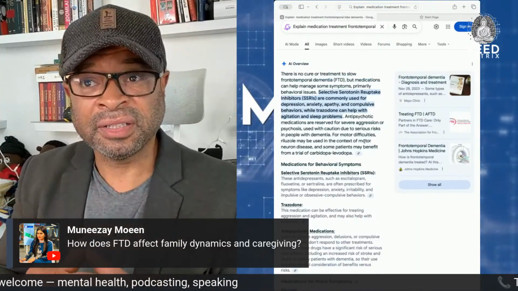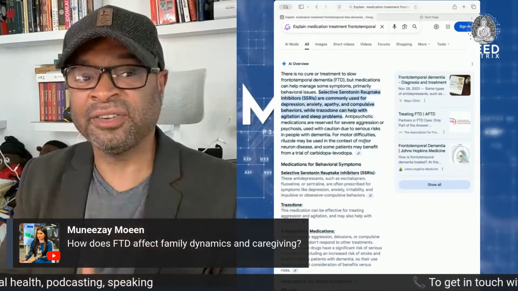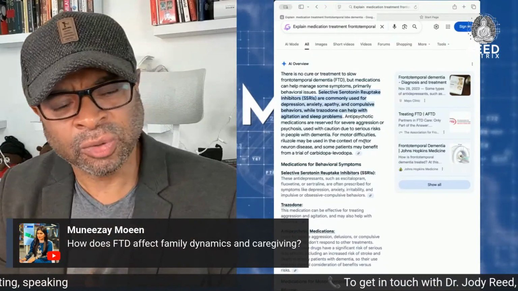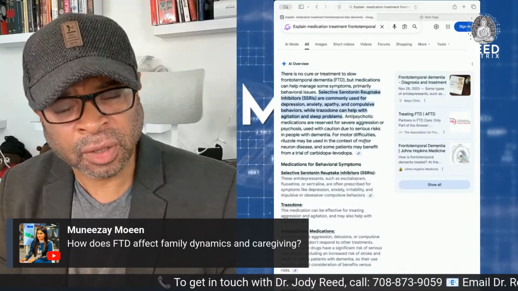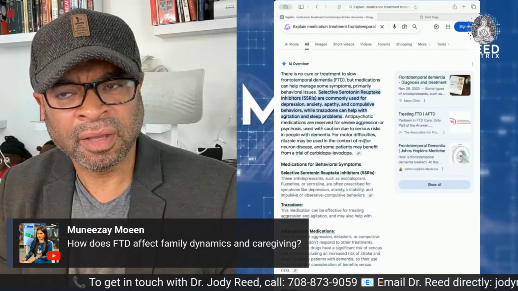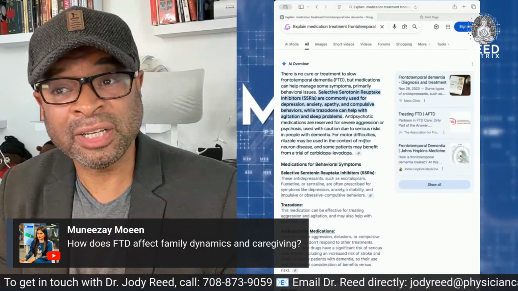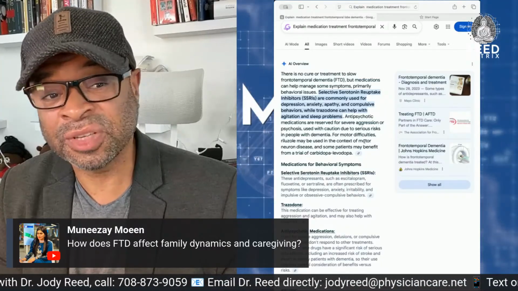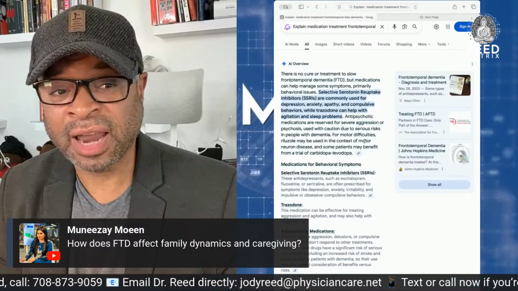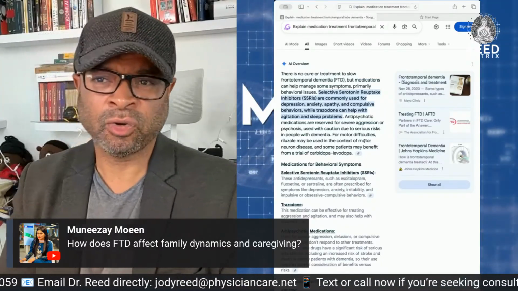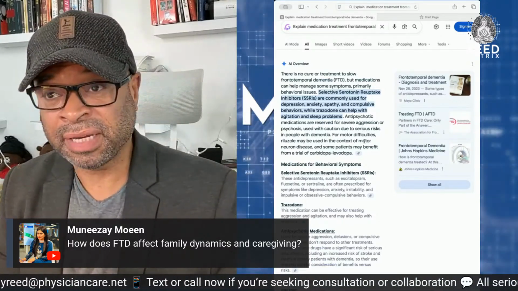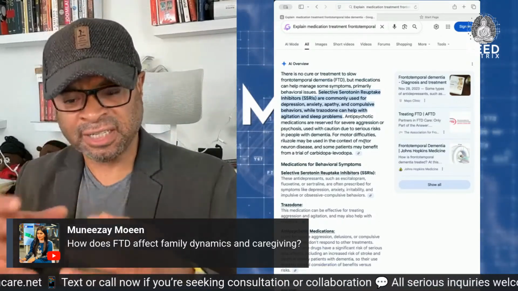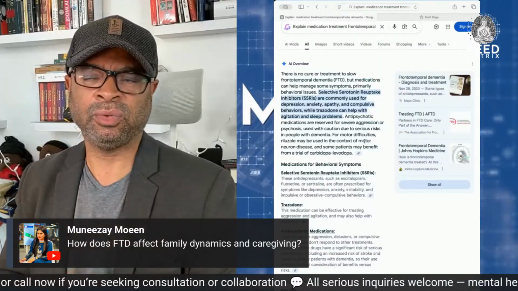Lithium also has an effect on stabilizing the frontal lobe, and it's also associated with decreased impulsivity and decreased risk and attempts of suicide. So it has a lot of these beneficial effects. Both Depakote and lithium are normal staples of medications when I see these patients. I need to stabilize and lock in that mood.